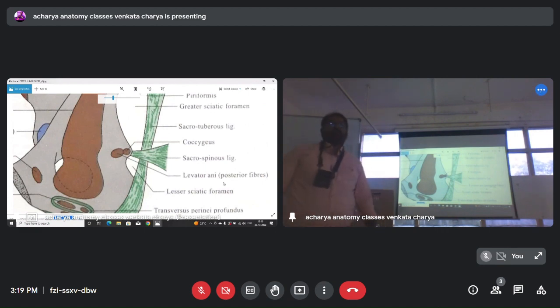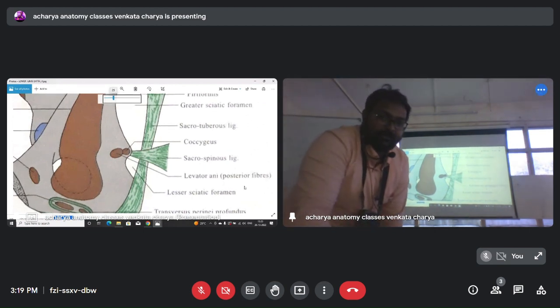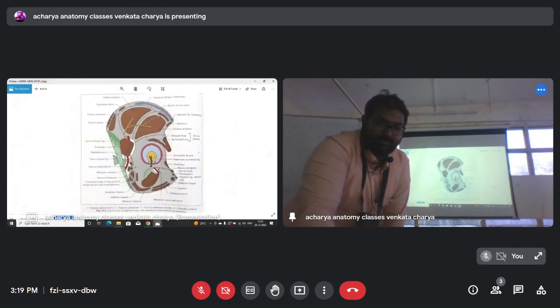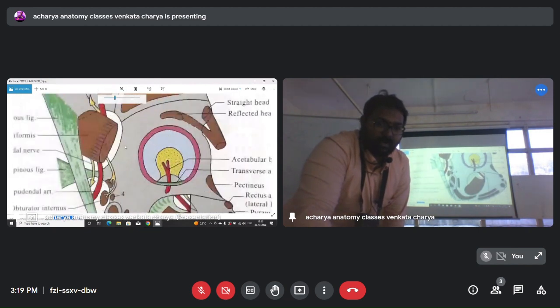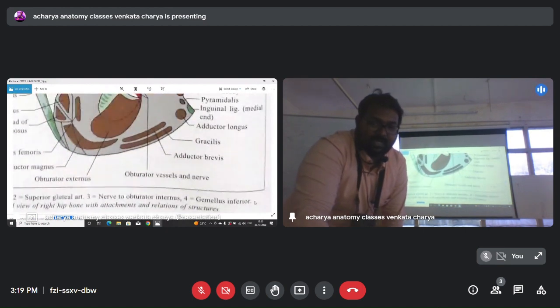Next, outside of the base, there is the origination of gemellus superior.